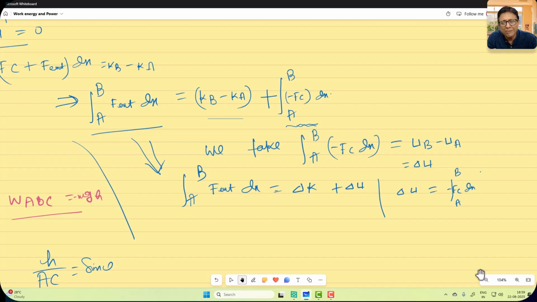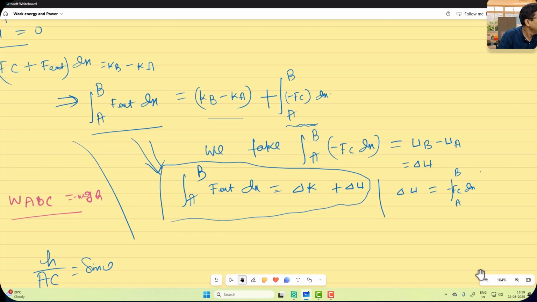The minus sign you can keep inside, doesn't matter. So work done by external force gives change of K and change of P. External force will do work in such a manner that it can increase both K and P. But there may be a situation where kinetic energy increases and potential energy decreases, or potential energy increases and kinetic energy decreases. There may be situations like that. But all these are related to change of K and P both when external force comes into effect.